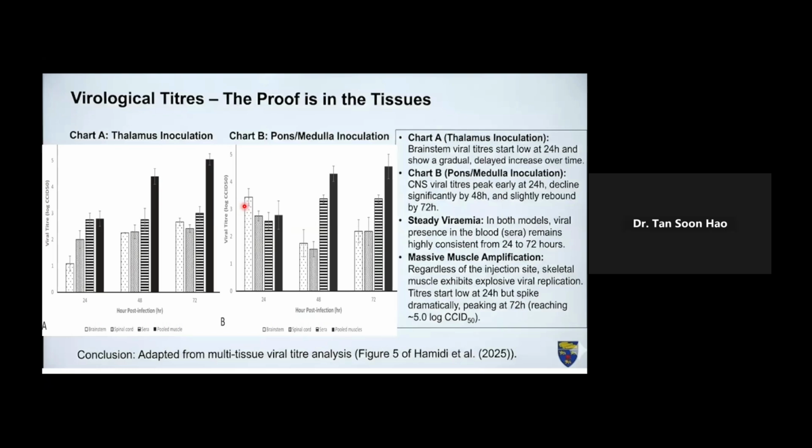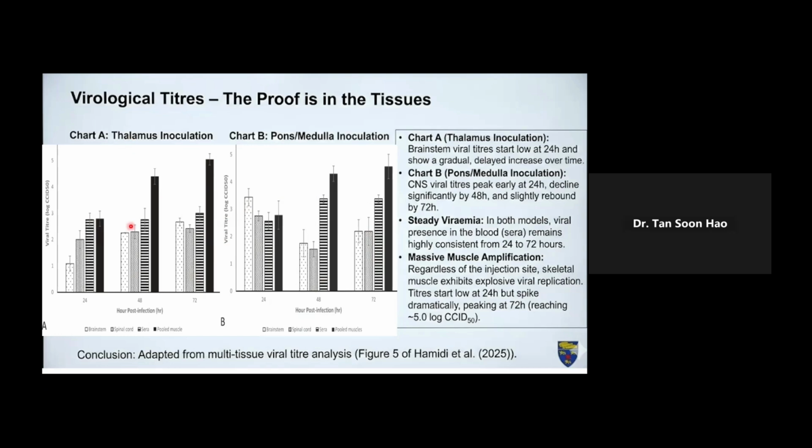So besides histological analysis, we also did some viral titration studies, both from thalamus inoculations and pons medulla inoculations. The black and the striped bars come from the hind muscles and the serum, meaning blood viremia.